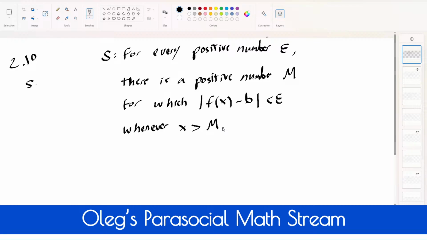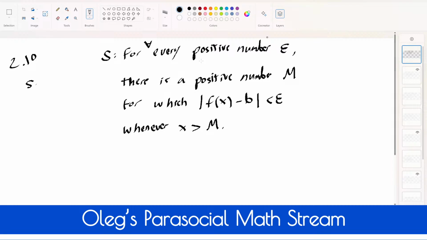So for every is for all. I'm going to say here epsilon is positive. There exists. Now, by the way, we can define the set, but we could also just write epsilon is positive, because we're not trying to fully convert this into symbolic logic.